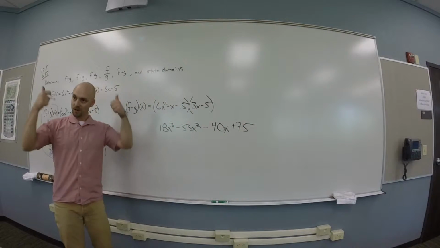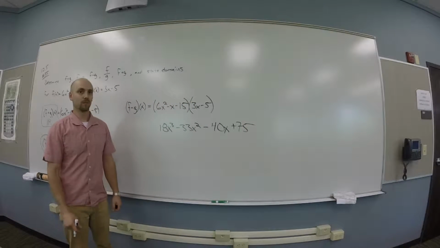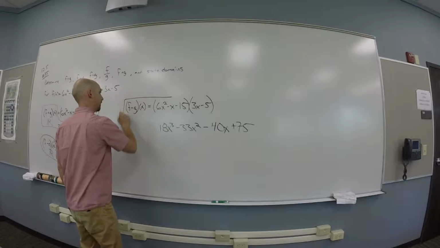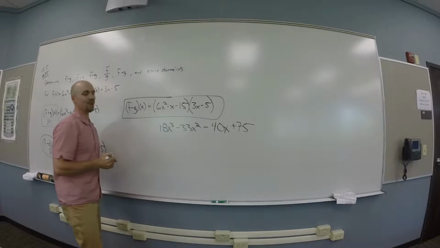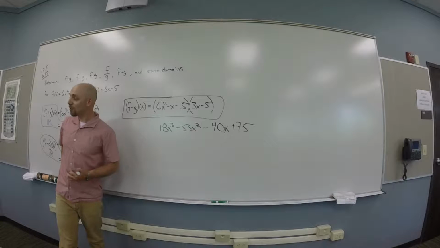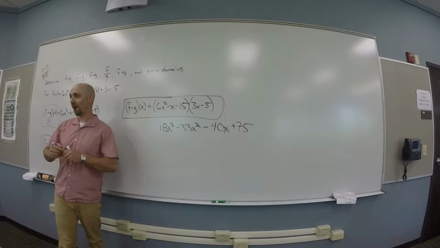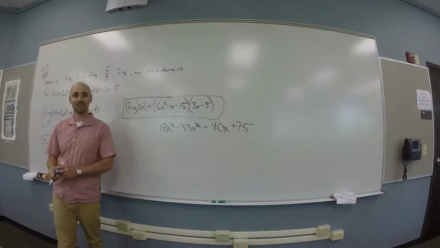So if that's what you got, check, awesome. I would still go with this first thing. Be proud of yourself that you multiplied it out right though, because that is actually something.